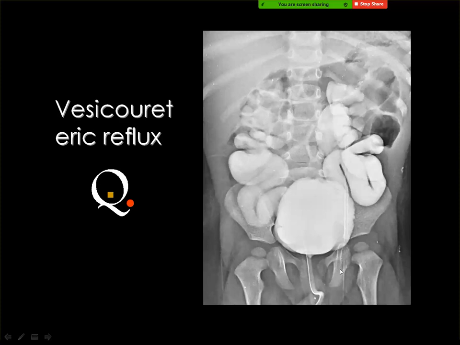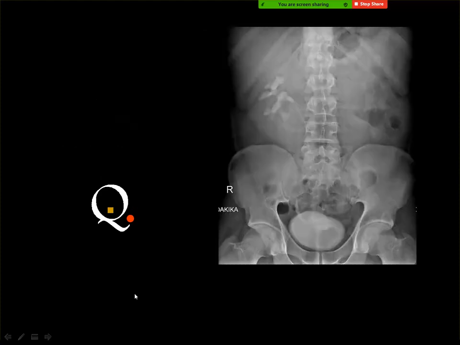And you know, if you do not see this catheter in the urinary bladder, you cannot differentiate between high grade vesicoureteric reflux and congenital megacystis megaureter syndrome. Sometimes you may have difficulties between these, but if the examination is ascending cystography, you think of reflux. If not, you think of megacystis megaureter.